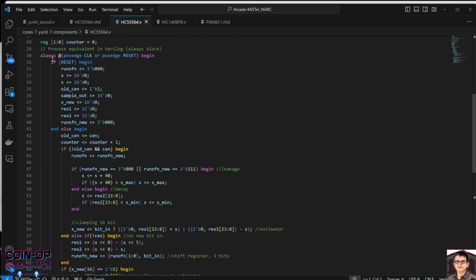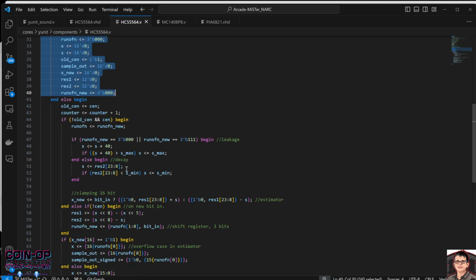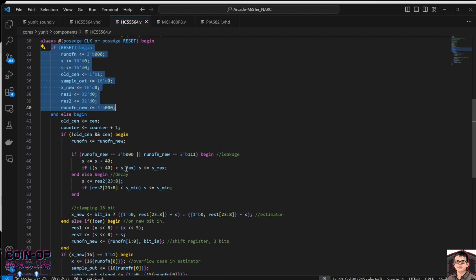First of all, I've implemented a reset. And secondly, I've converted the actual multiplication into bit shifting. Depending on what you have to do, it is possible to convert multiplication to just using bit shifting and addition or subtraction.